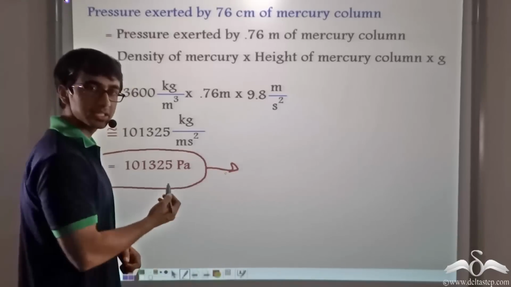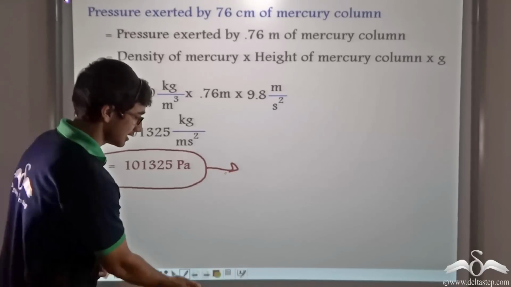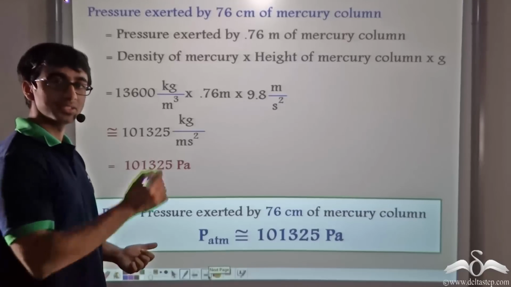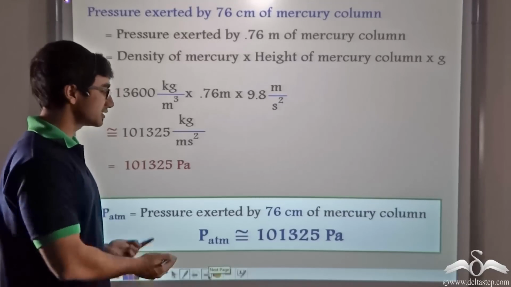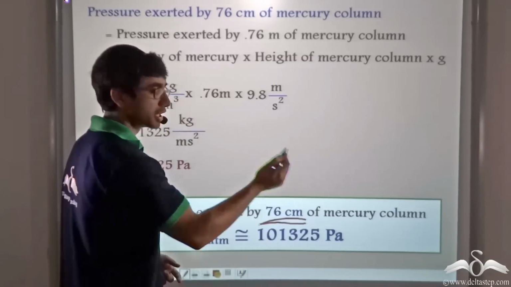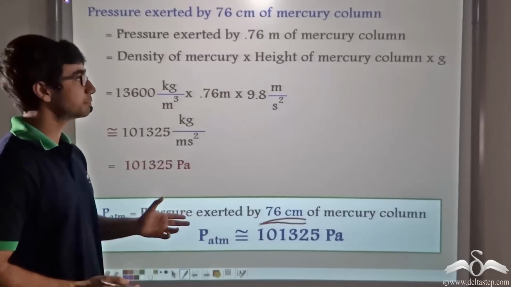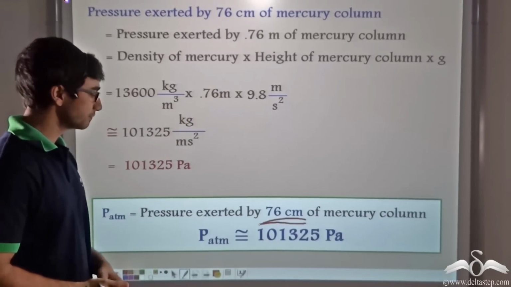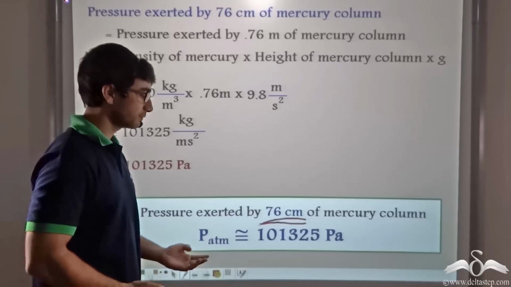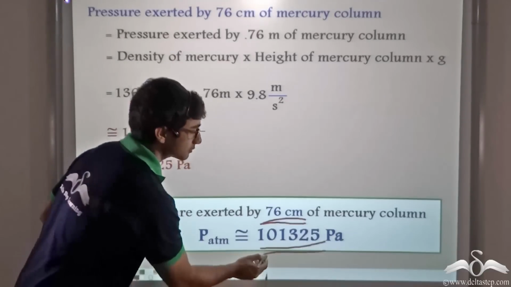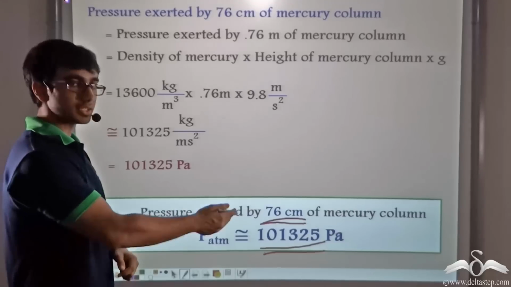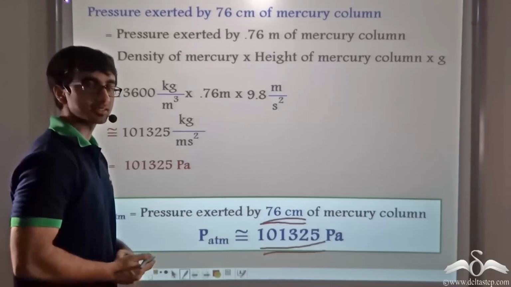Does this value seem familiar to you? That's right. This value is nothing but the pressure that is exerted by the atmosphere, which in turn is equal to the pressure exerted by 76 centimeters of mercury column. Thus, with the help of a mercury tube barometer, we were able to calculate the pressure exerted by the atmosphere, which is equal to 101,325 pascals.